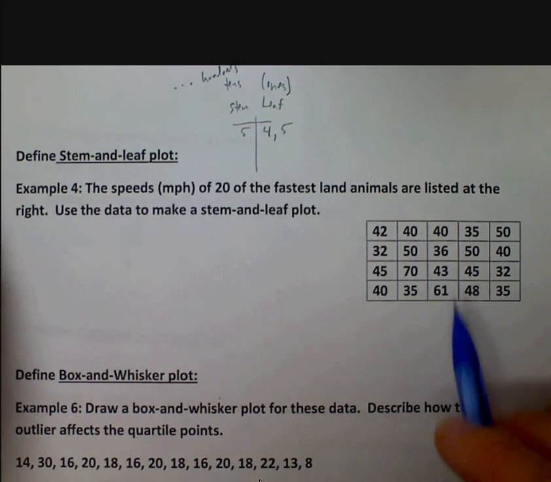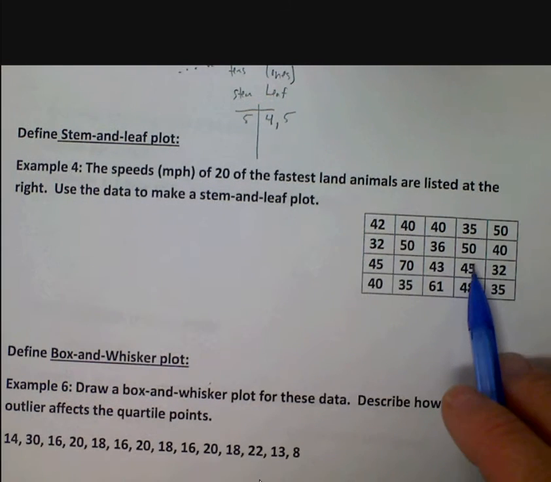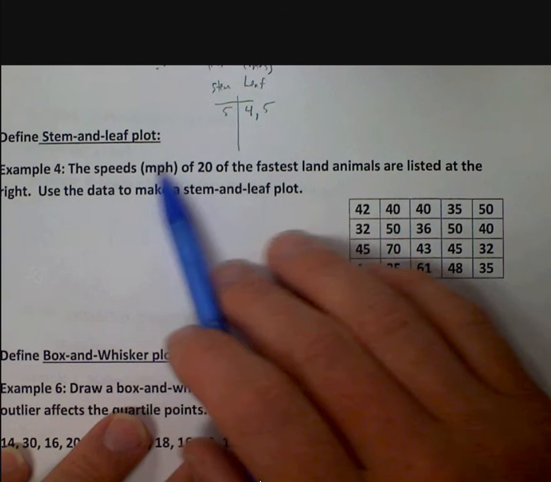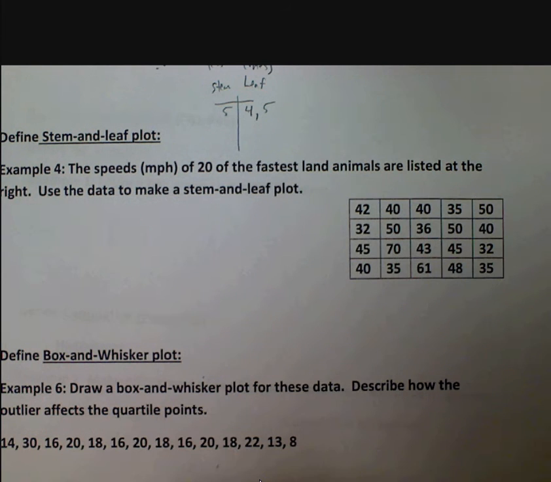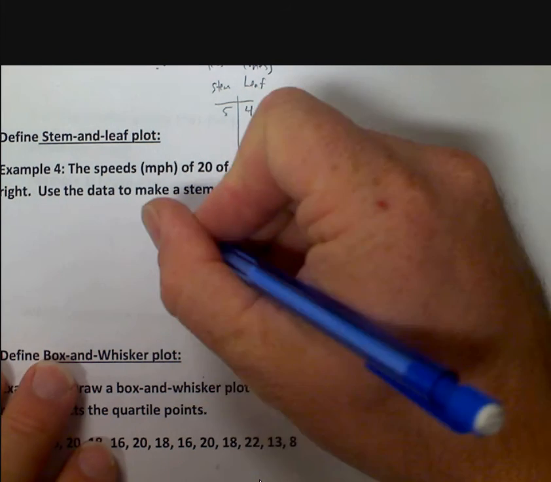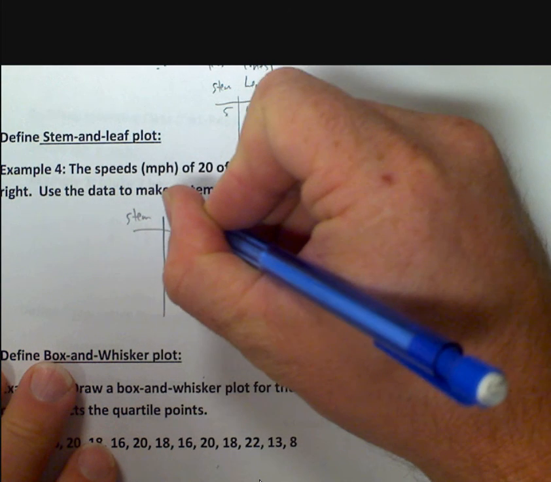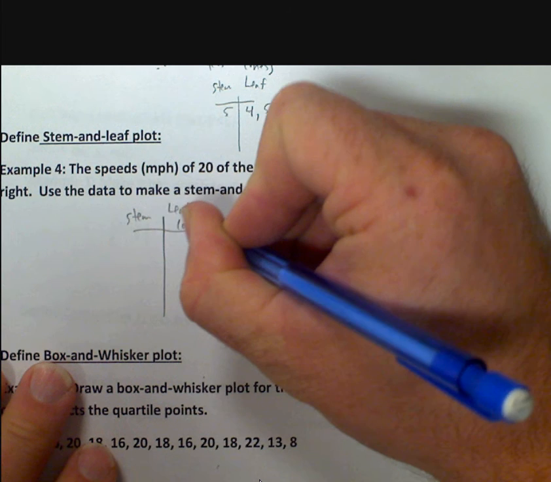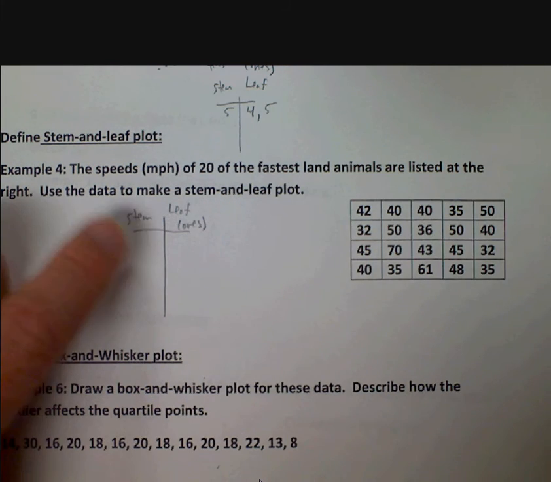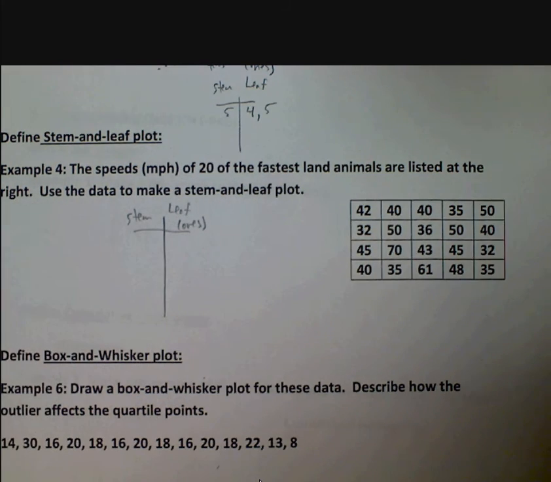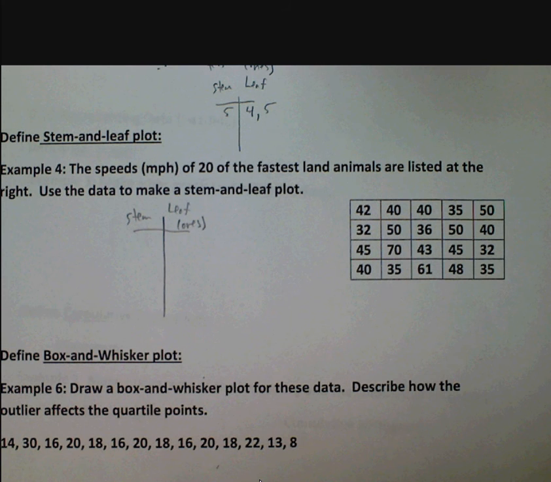So let's go ahead and look at this example. It says the speeds of 20 of the fastest land animals are listed at the right. Use the data to make a stem and leaf plot. So here's our stem, here's our leaf. Remember, our leaf will always be the ones place. The stem is all the other bigger place values.